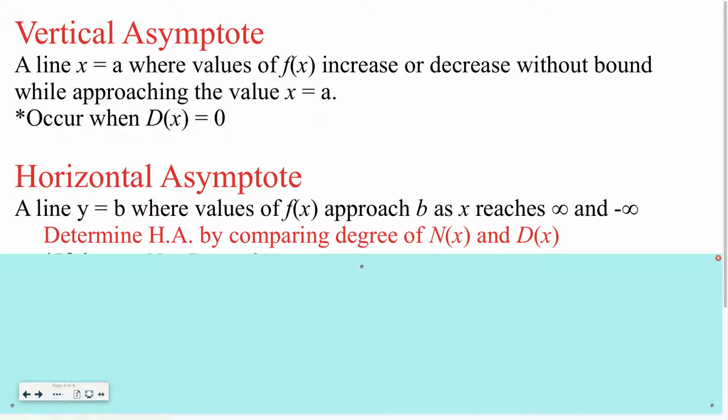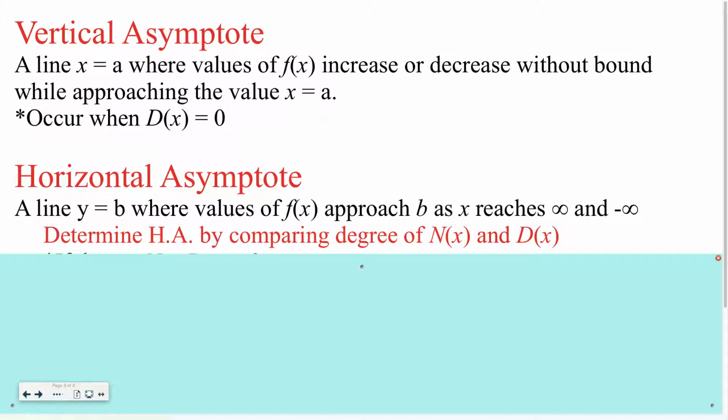So we are going to compare the degree of the numerator to the degree of the denominator to determine where our horizontal asymptote is. Okay, we're going to look at 2 of the 3 cases today and the 3rd case tomorrow. Because the 3rd case you did not talk about in Algebra 2. Okay?